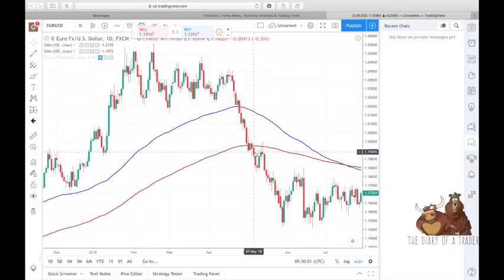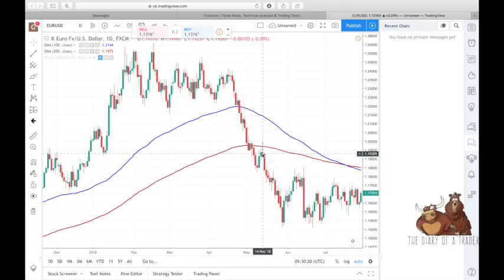It's quite a big tail, and you want the tail to be at least about 3/4 the size of the body of the pin bar, the candle. So this is clearly the case. That tail is about 4/5 the body of the actual candle.